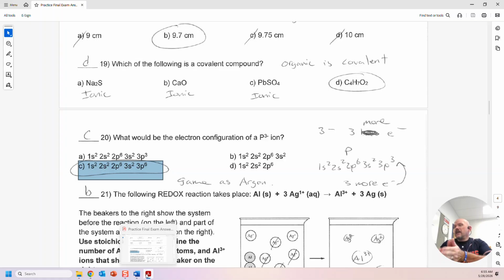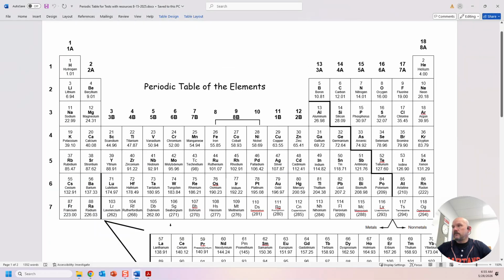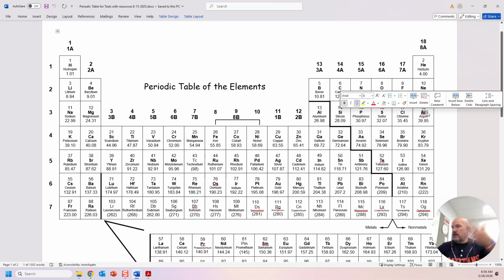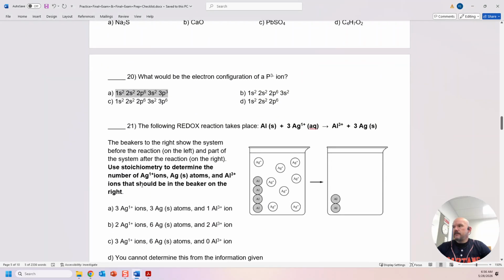So if it's in a compound, it's always going to be the same electron configuration as the closest noble gas. So if it's neutral phosphorus, I know to stop here in my electron configuration. But if it's phosphorus in a compound or phosphide 3 minus, I go to argon, which is phosphorus's closest noble gas. If it was calcium 2 plus, it's going to be argon too, because 2 plus means I lost 2 electrons. Okay. All right, back to the test.